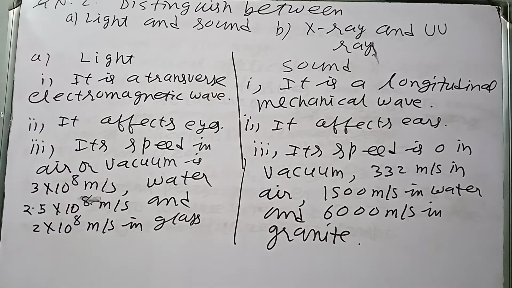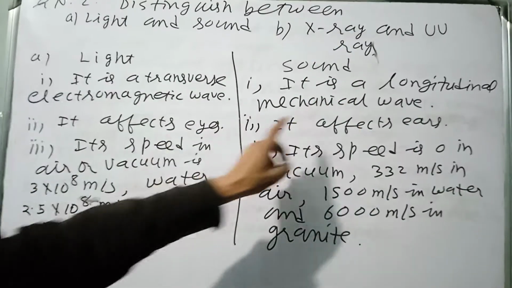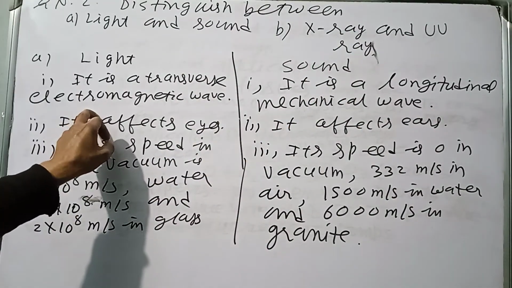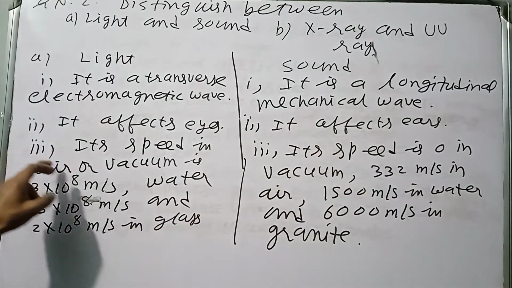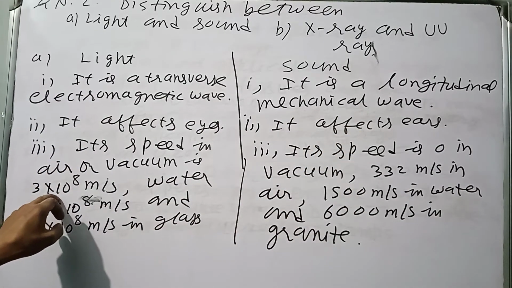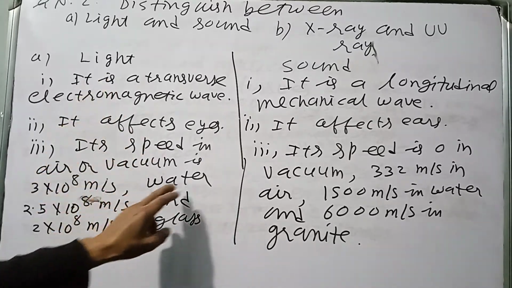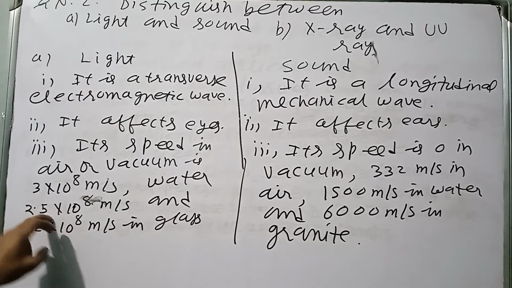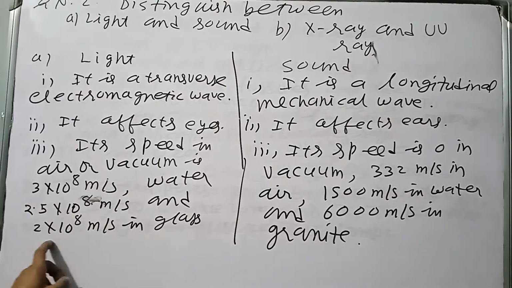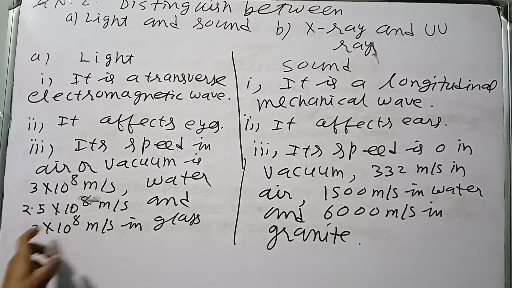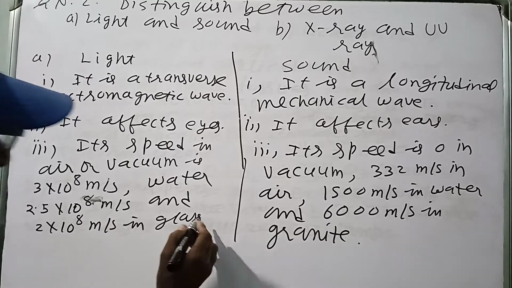See, number 1, light is a transverse electromagnetic wave, sound is a longitudinal mechanical wave. Light produces the sensation of vision, sound produces the sensation of hearing. Light's speed is 3 into 10 to the power 8 meter per second in air or vacuum. In water it is about, not exactly, 2.5 into 10 to the power 8 meter per second, and 2 into 10 to the power 8 meter per second in glass.